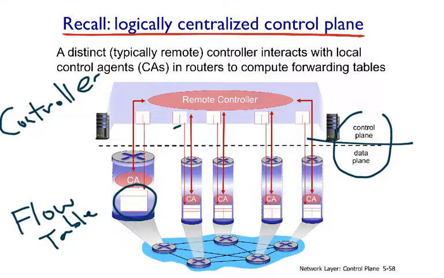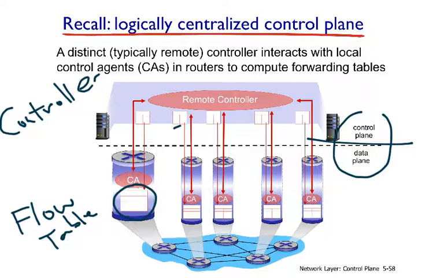So although we have the idea of one single controller, in reality we have a set of controllers that are distributed throughout the network, and they can share the information to have a single view of the whole network.